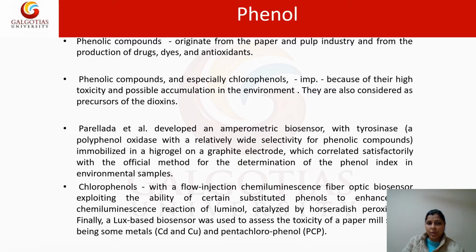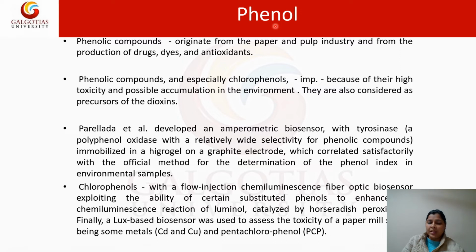This pollutant is phenol. Phenol compounds originate from the paper or pulp industries, or from the production of drugs, dyes, or antioxidants. These phenol compounds, especially chlorophenols, are quite important because of their high toxicity, so they need to be detected.